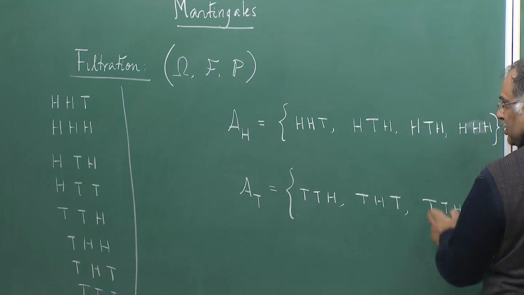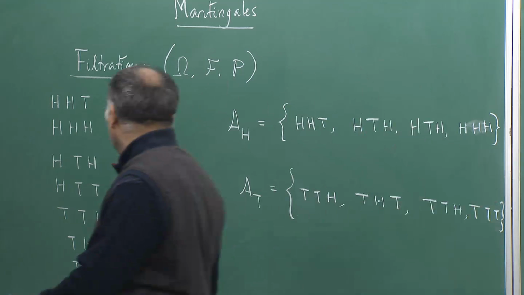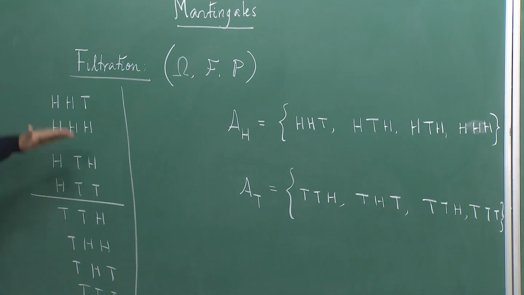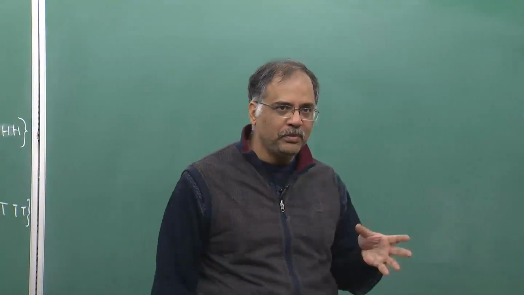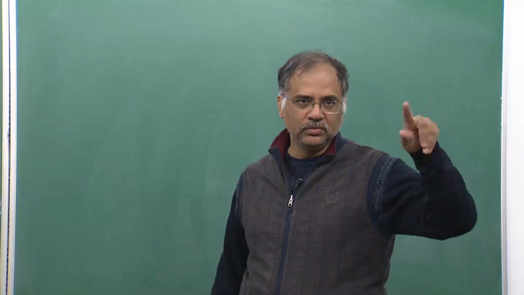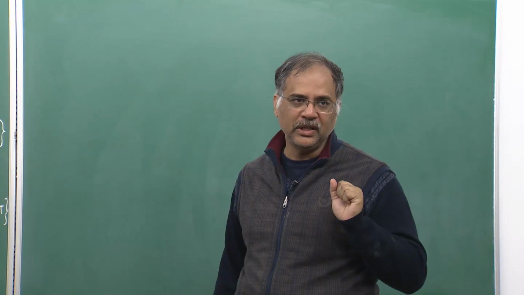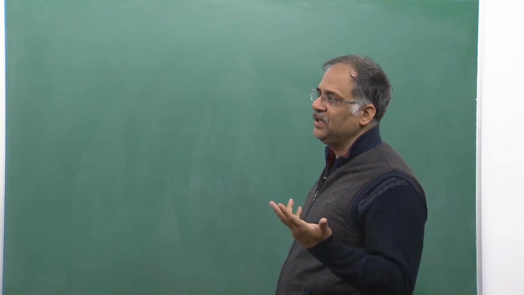So, we have essentially separated this out, made a finite division. The sample space and the empty set are always revealed.